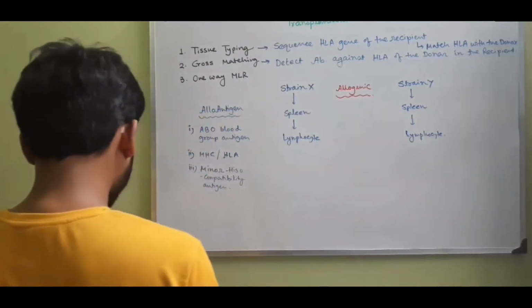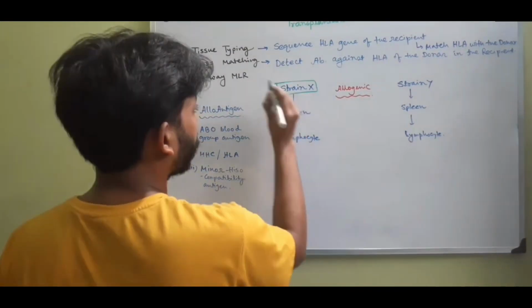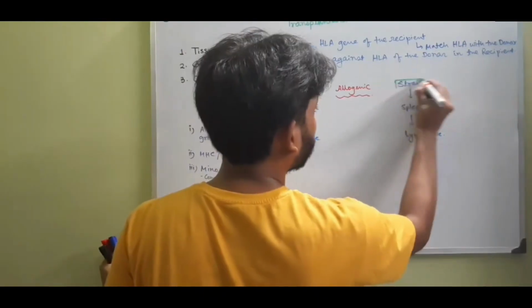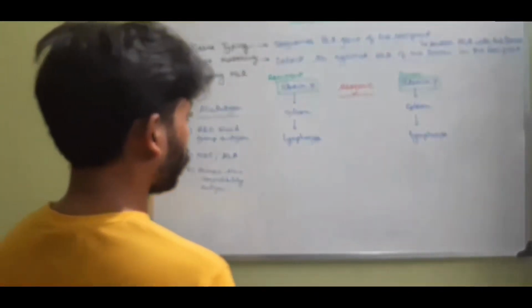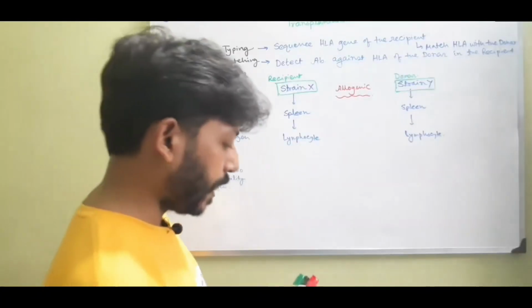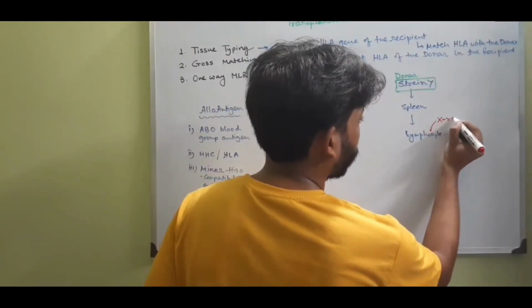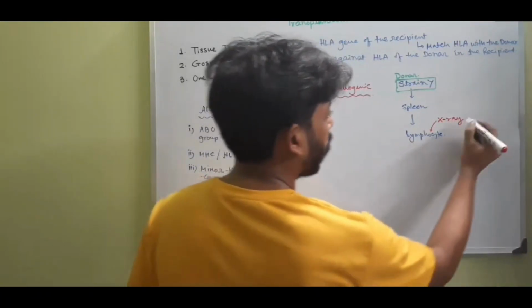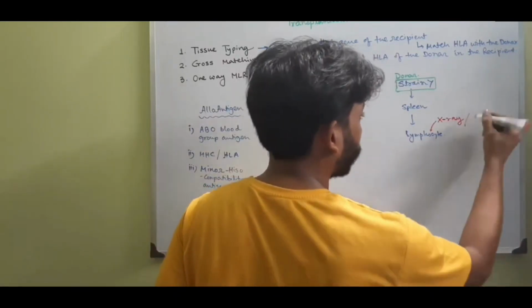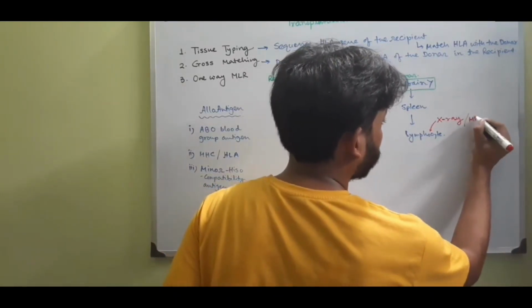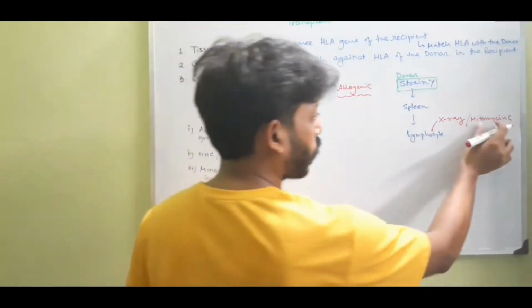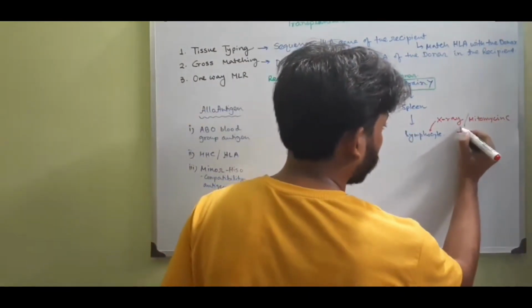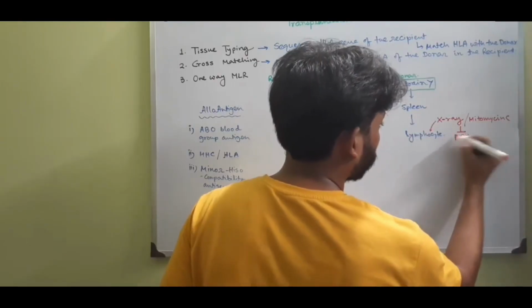Now let's suppose this strain X is the recipient, and this is the donor, then one manipulation is performed on the donor mice, that is irradiating the lymphocytes with X-ray, or they add a chemical called mitomycin C. This X-ray irradiation or mitomycin addition inhibits the proliferation of these lymphocytes.